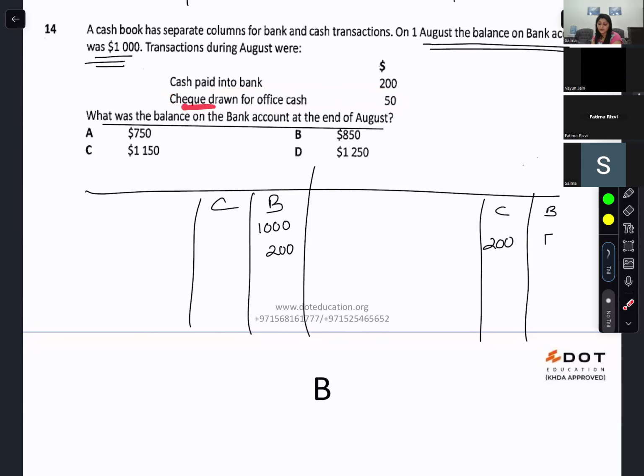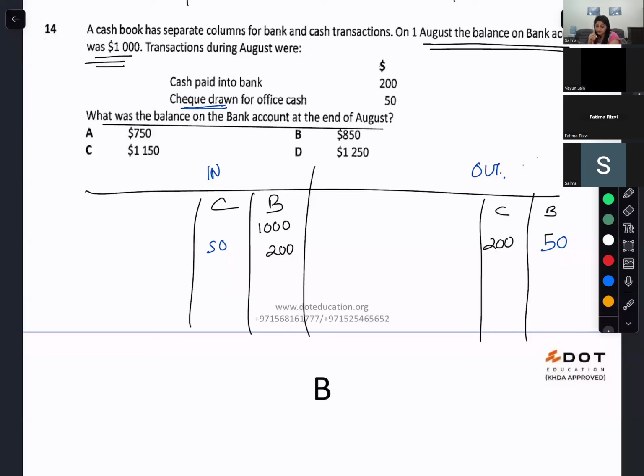This is cheque drawn. What does this mean? A cheque is taken from the bank, so it is going out from the bank, right? Yes, from the bank out, and into the cash. Which account do you want to balance? The bank account.